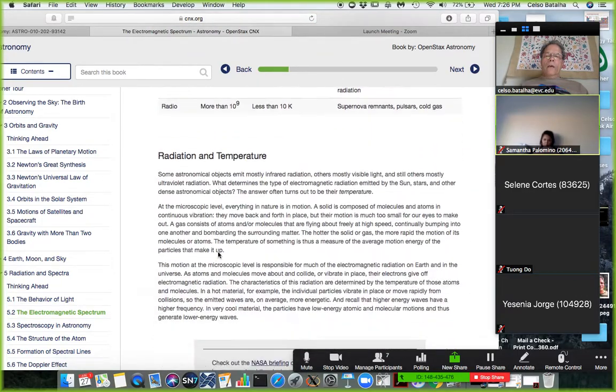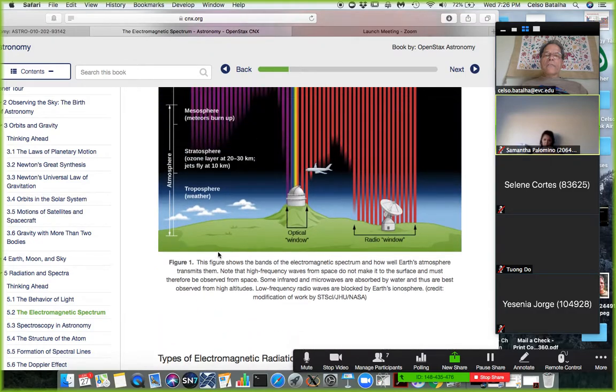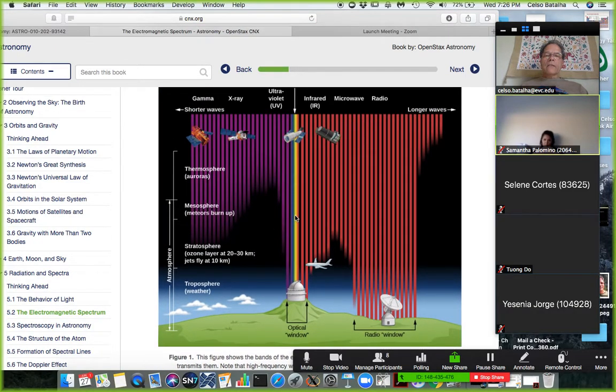Now, we see with our eyes the visible light, right? That's what we see. But if we had radio eyes, our universe would appear to be completely different. Stars do not produce radio radiation in abundance as they do the visible radiation.